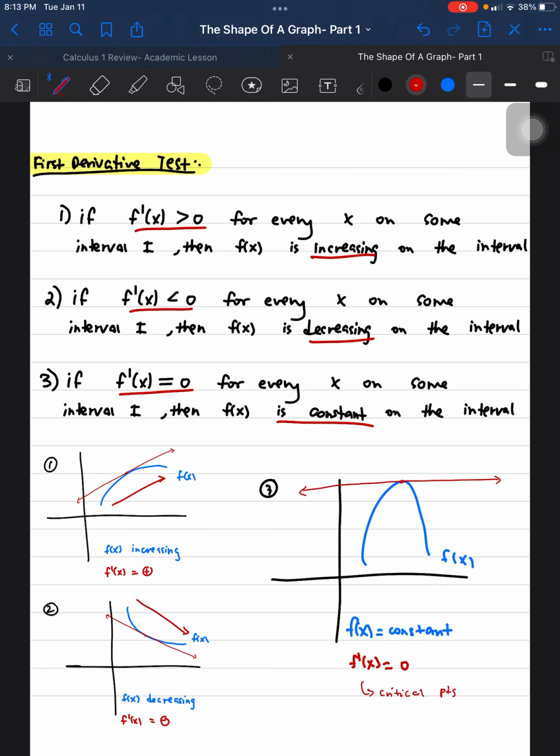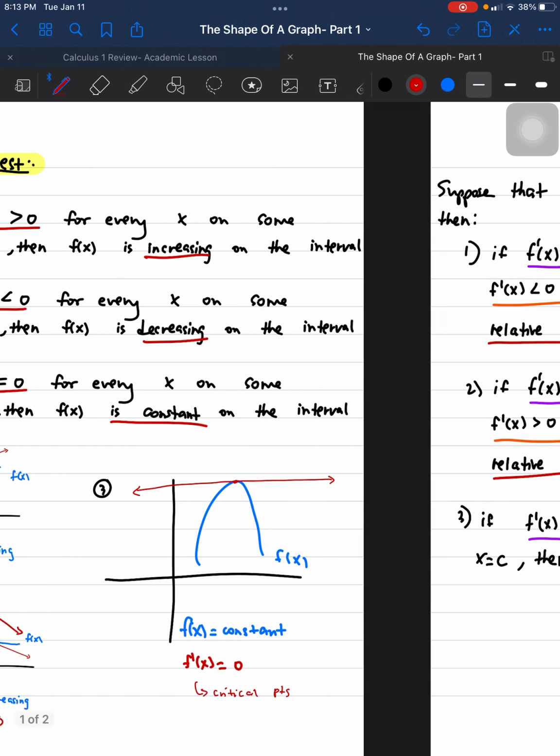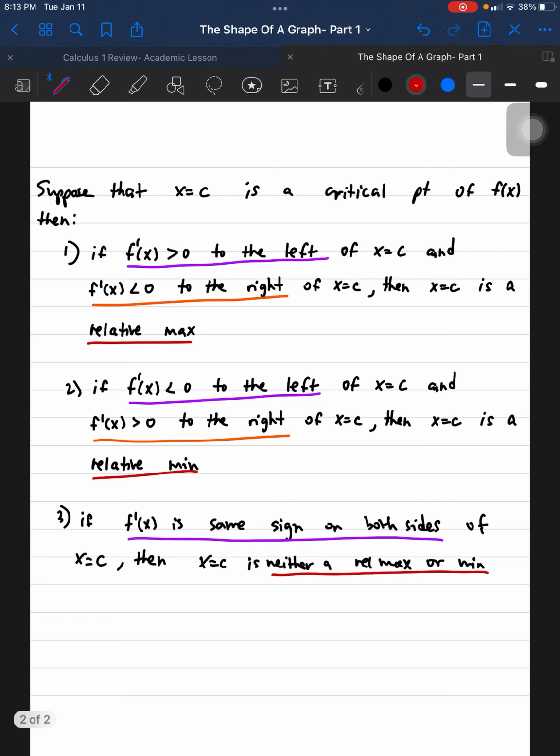When f prime of x is equal to 0, those are considered the critical points of the function. So this is just a general overview of increasing and decreasing functions and how to visualize them.